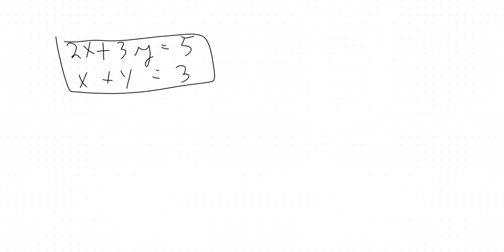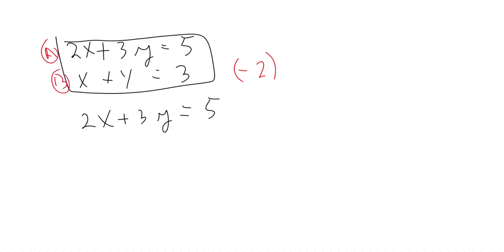Well, let's name the equations. The top one, 2x plus 3y is equal to 5, let's call it A, and let's call this other one B. So we have equations A and B. And let's multiply equation B, the whole equation, by minus 2.